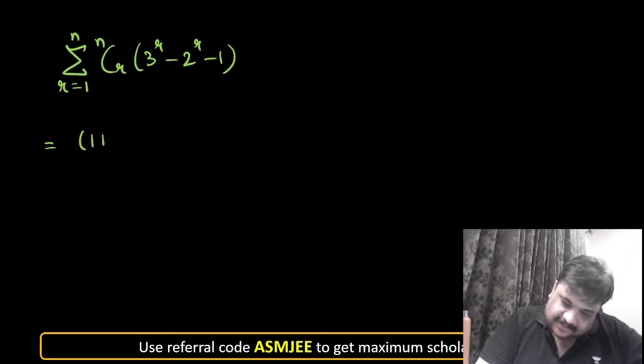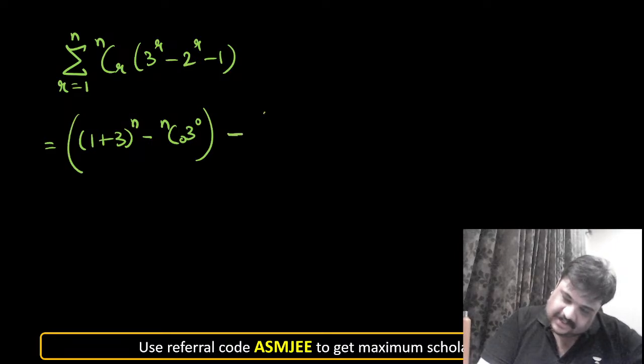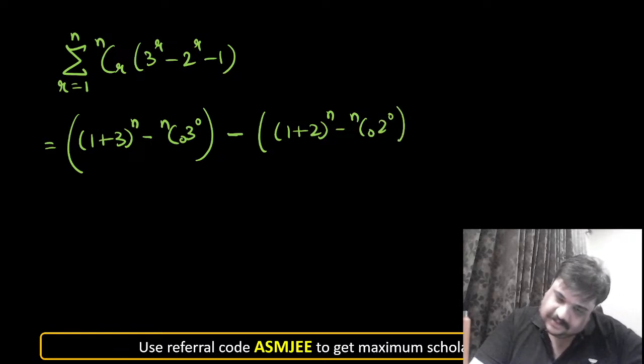Now it will be 1 plus 3 raised per N minus nC0 3 raised per 0, minus 1 plus 2 raised per N minus nC0 2 raised per 0, minus 1 plus 1 raised per N minus nC0.